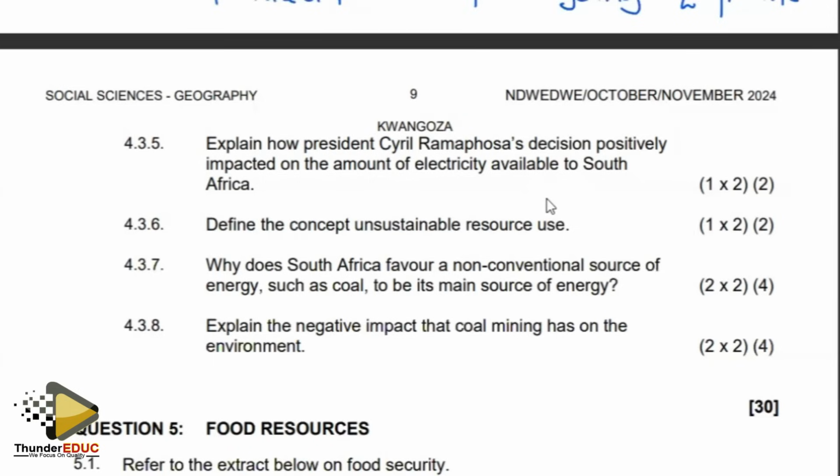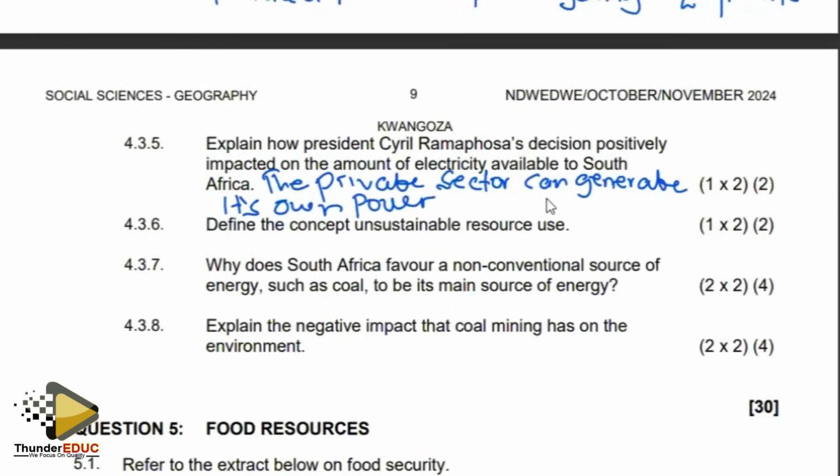The positive impact is the private sector can generate its own power and sell the excess to the grid.